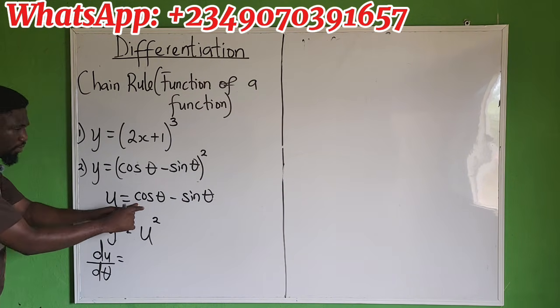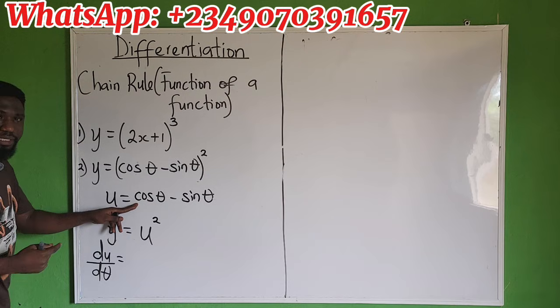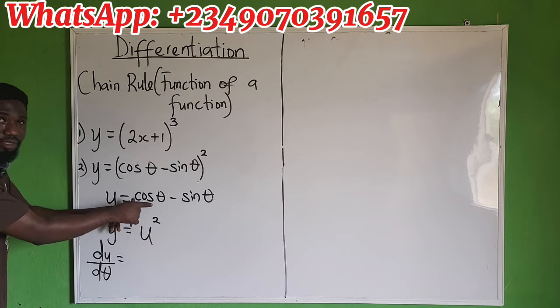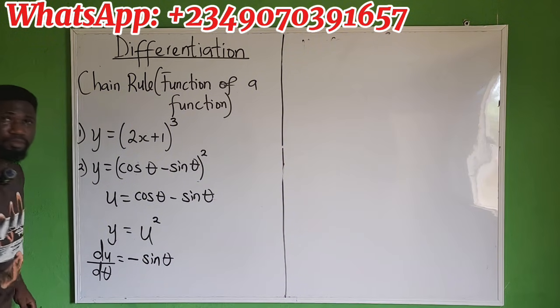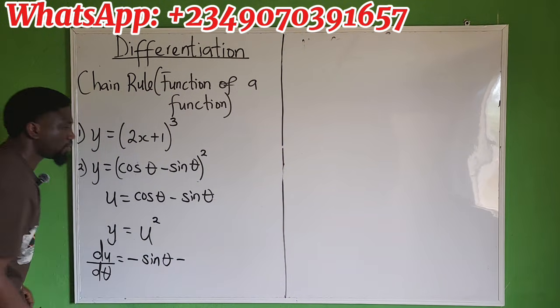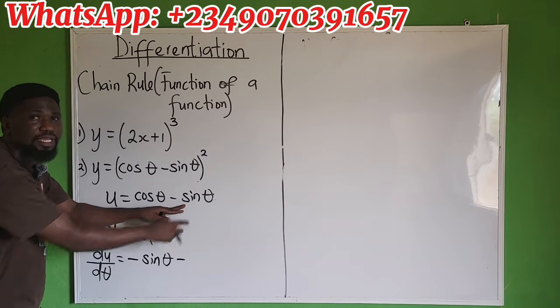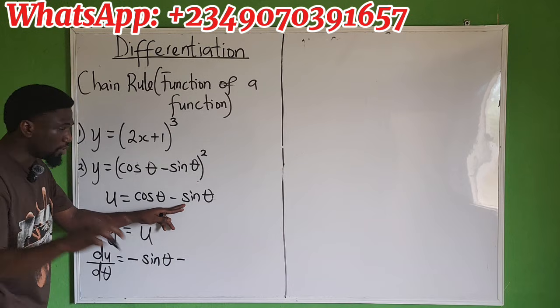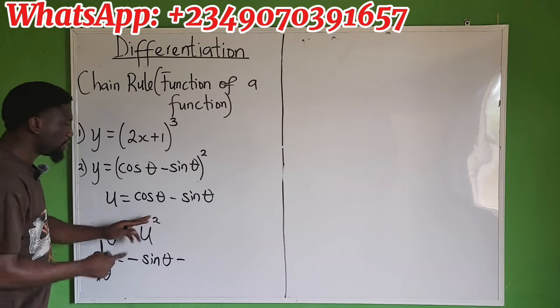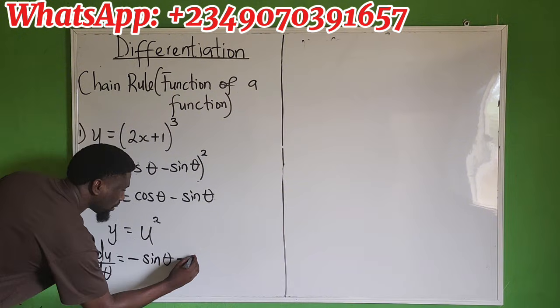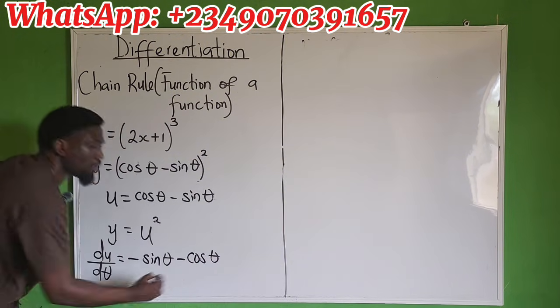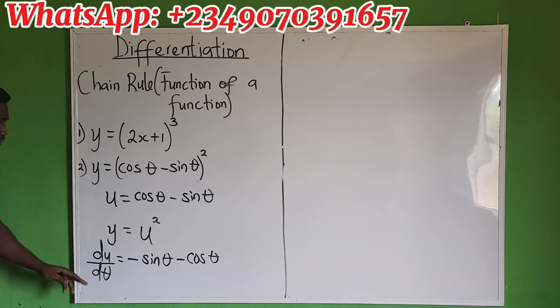So for cos theta, what's the derivative of cos theta? That is minus sin theta. Then minus, the derivative of sin theta is what? That is cos theta. Please take note. For sin theta it is cos theta. For cos theta it is minus sin theta. So we have cos theta.